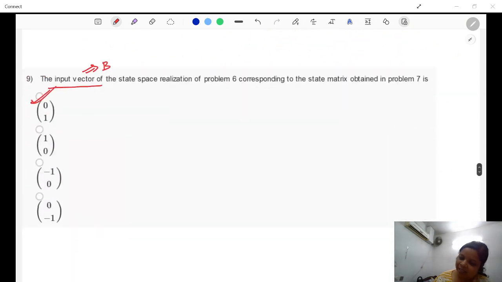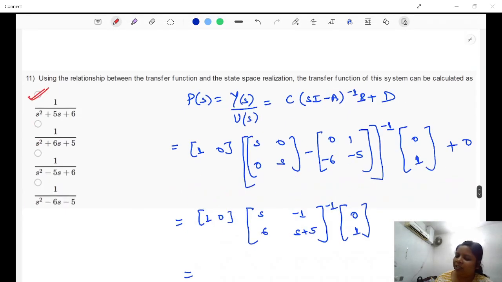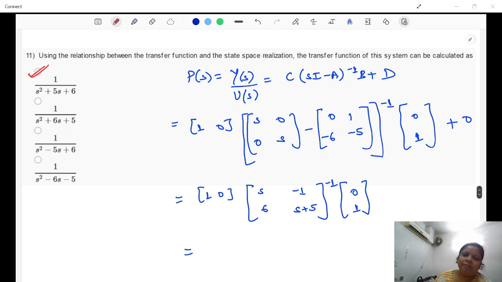The same characteristic equation you are getting from here also when you convert the two first order ODEs to a transfer function. You're getting the same transfer function and the same characteristic equation.